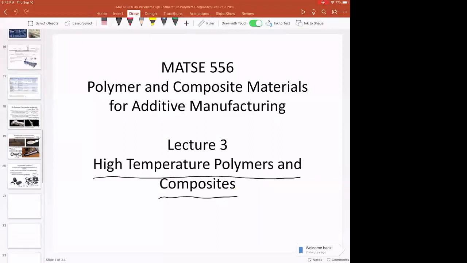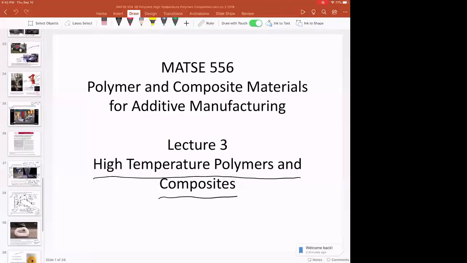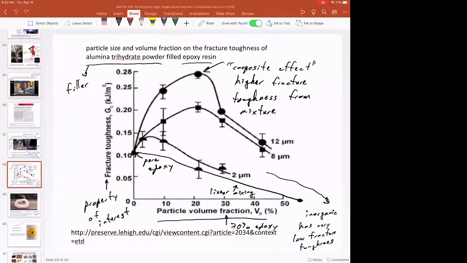So when we talk about the composite effect, you really need to be able to dial in what the volume fraction is of the particle. And of course, when you make composites, you might make it in weight fraction or something like that, because mass is a lot easier to formulate than formulating to volume, but you just need to know the density, or you need some analysis technique to determine the volume fraction. But the volume fraction is what matters, because we're making a three-dimensional material. So volume is important. So how do you dial in the volume fraction?